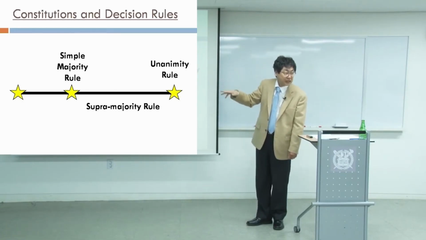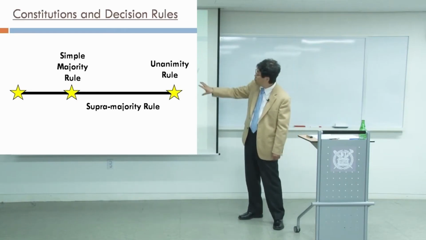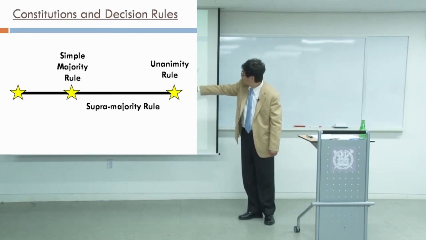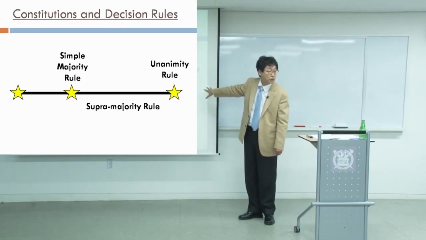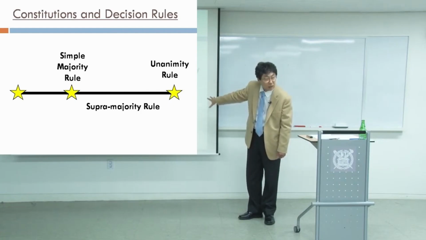So let's forget about sub-majority voting, and starting with simple majority rule, collecting a simple majority of members of a voting body is relatively easy, right? But as we move from simple majority rule to unanimity rule, change becomes more and more difficult.